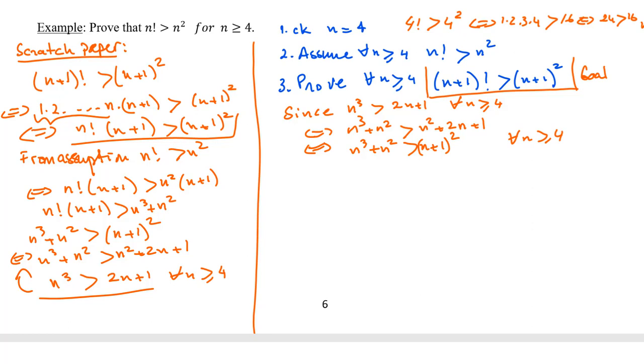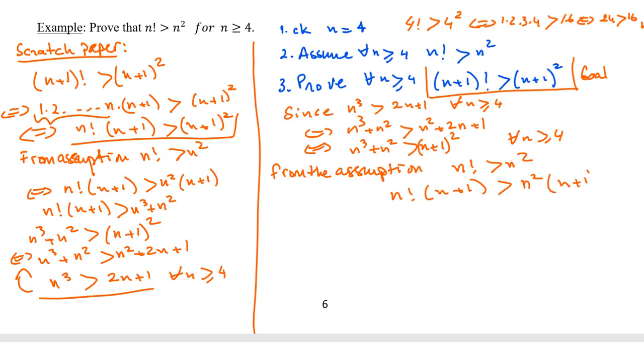Now, from the assumption n factorial greater than n squared, if I multiply by n plus 1, because it's a positive number, nothing changes, for all n greater than or equal to 4. From the assumption we could get here.